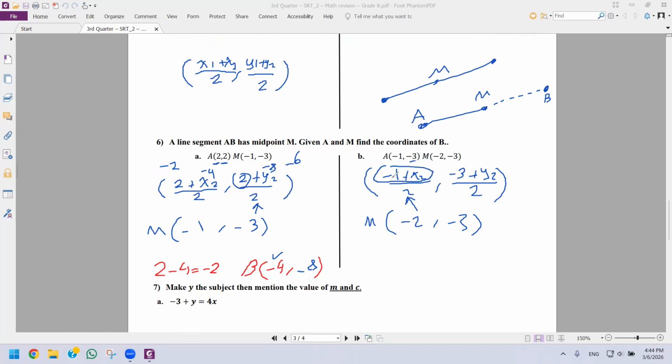I already have minus 1. What should I do to make it minus 4? I should do minus 3. This is for B. Now let's check the y value. Minus 3 times 2 is minus 6. So the numerator should be minus 6. I already have minus 3. So how much do I need to make it minus 6? I need another minus 3. So the coordinates of the point B is minus 3, minus 3.